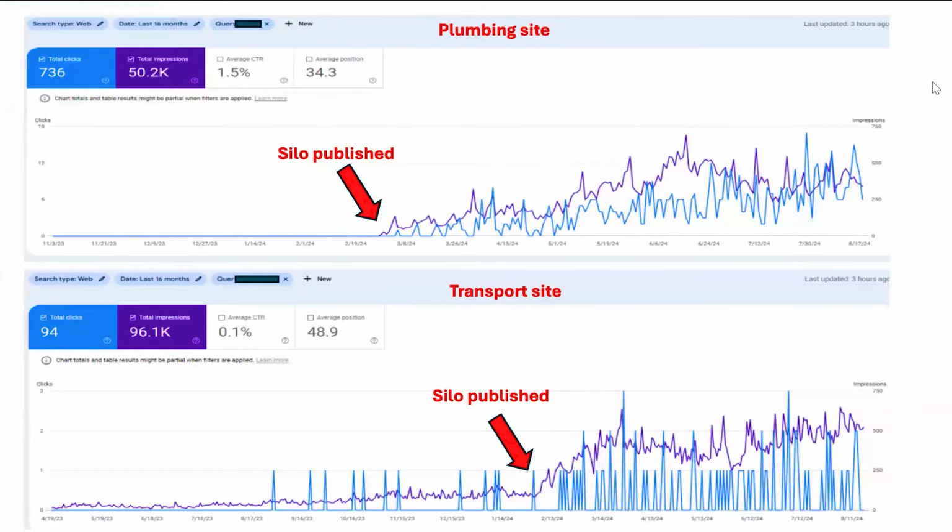Good stuff. Okay, so you've got a couple of Search Console snips here from a couple of sites that I did this on. One is the transport site that I mentioned, the haulage site. The other one is a standard plumbing site, right? So the background to this one is that in the UK we have plumbing, obviously central heating. Central heating in the UK usually involves gas.